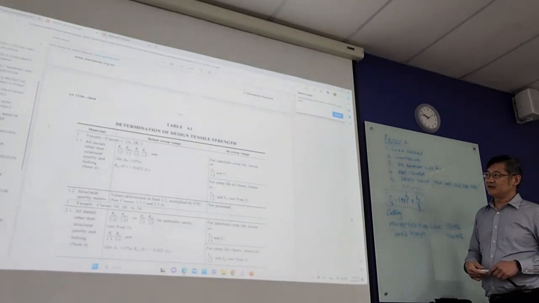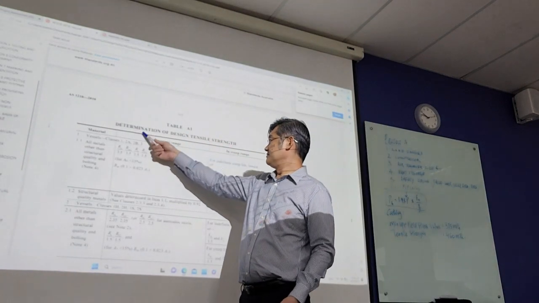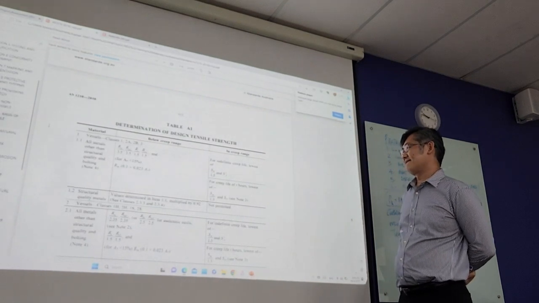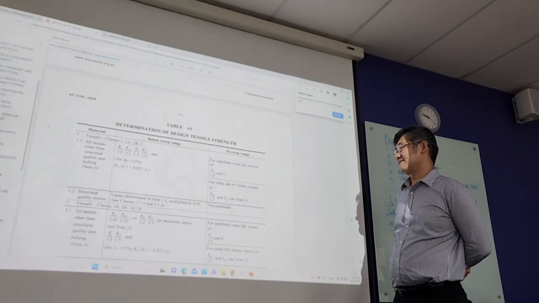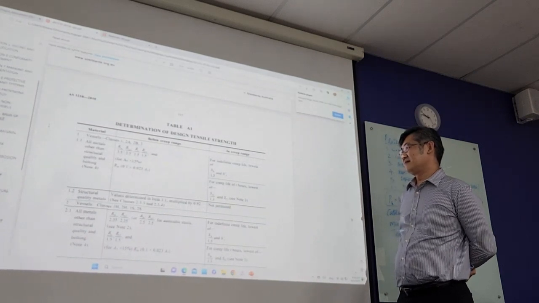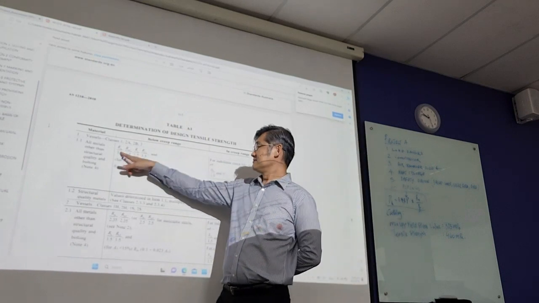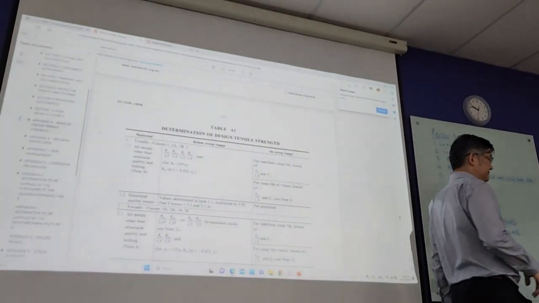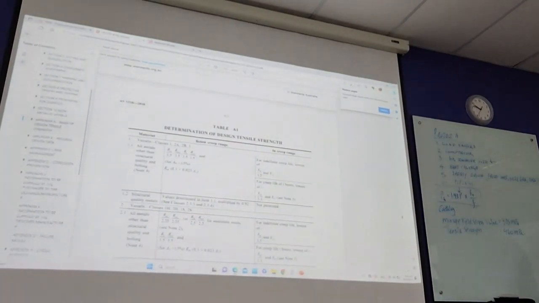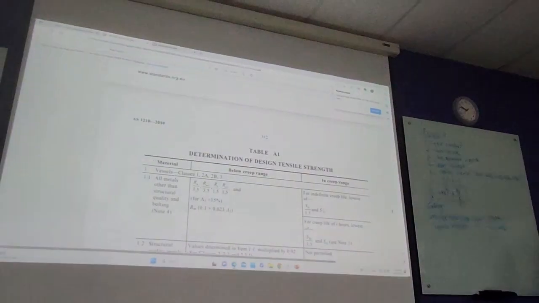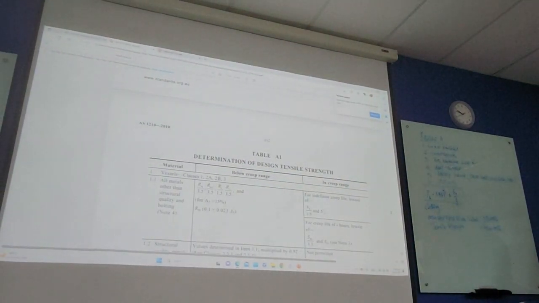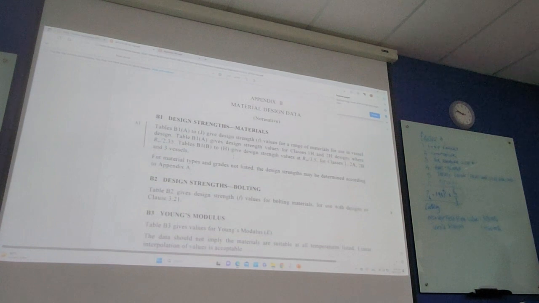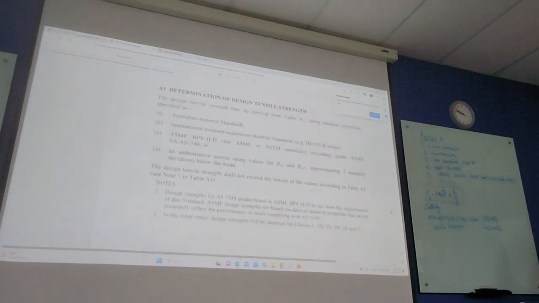Then go to this page on table A1, determination of design tensile strength. So how do we find out? Over here you can see this is for class 2A. So what is Rm? What is Re? If you don't know, then we will have to come here for this explanation.